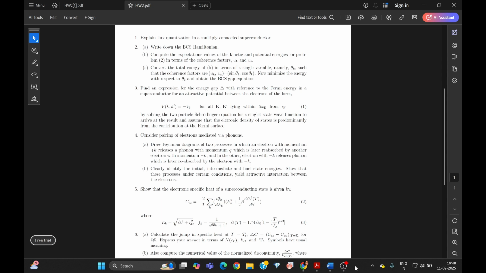Now for this process, if this is process A and this is process B, then for the intermediate it will be E_int A and E_int B, the summation of these two plus h omega q.